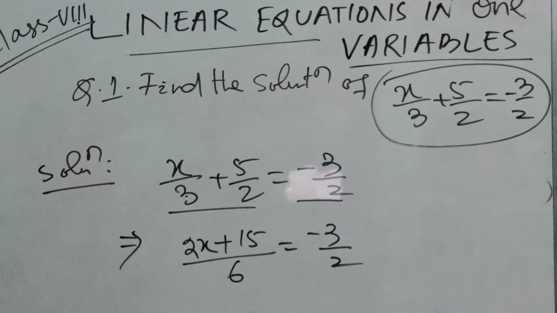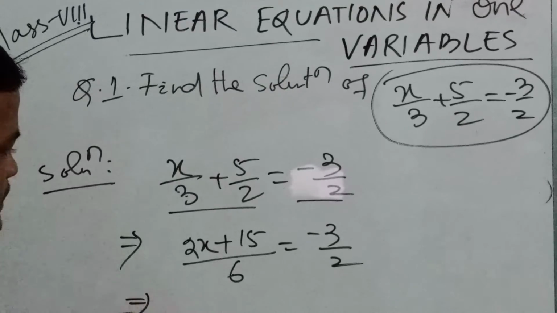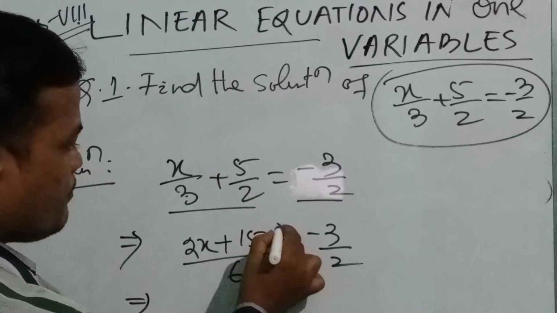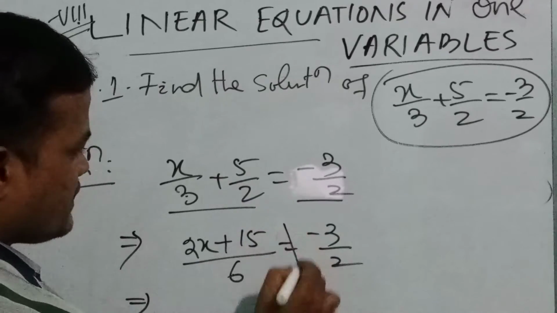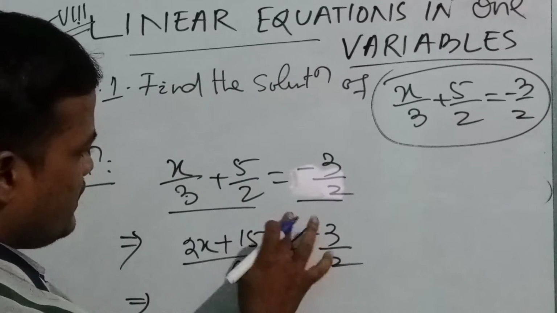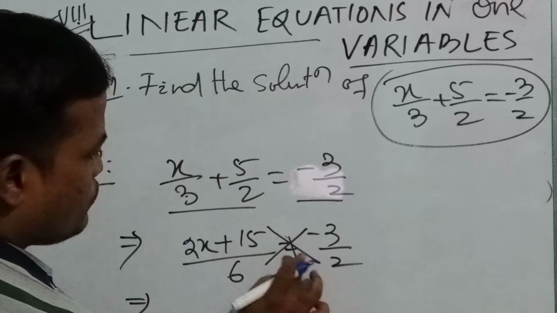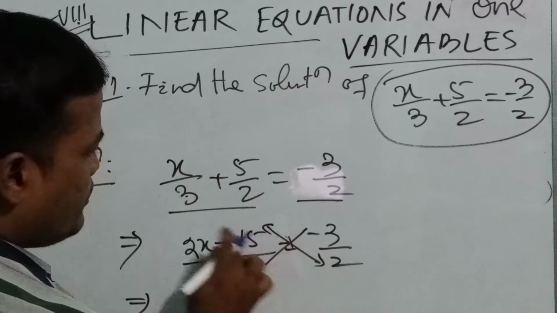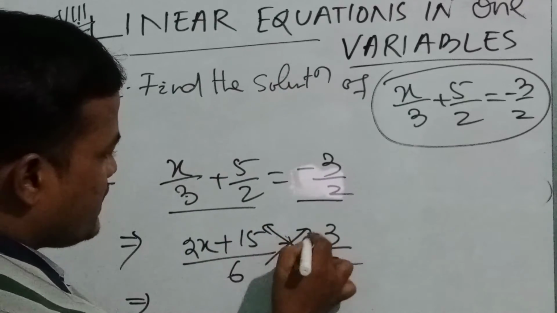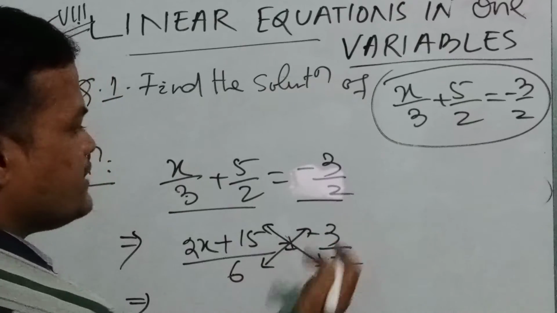Is it right? Now children, what shall we do? Let us take the cross multiplication. We multiply in this way: numerator of this with the denominator of this, and the denominator of this with the numerator of this.